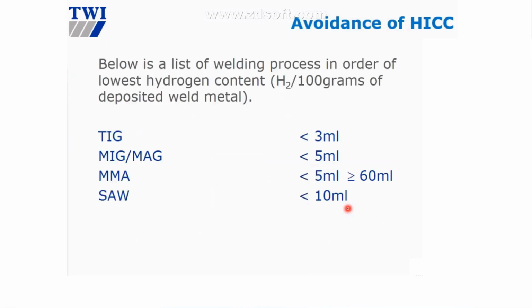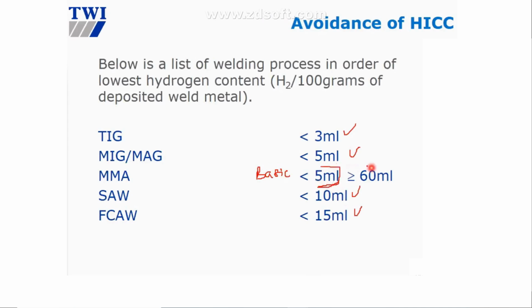All right, here we can see that MMA, TIG, SAW, flux-cored, or MIG-MAG are lower than 15 milliliter. And also in MMA, we talk about basic, which is always 5 milliliter, and there is no problem with hydrogen crack.